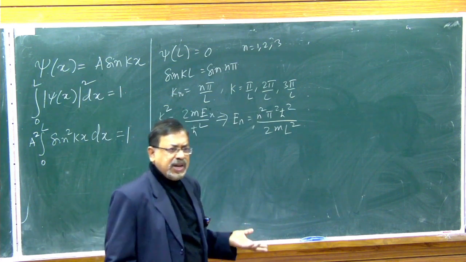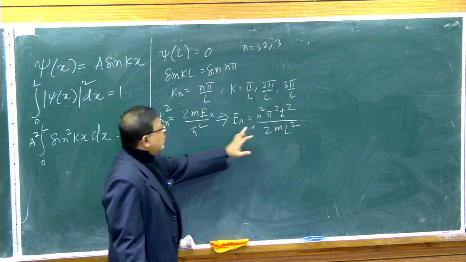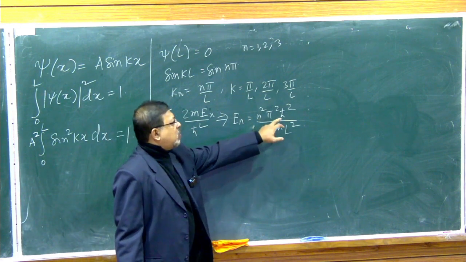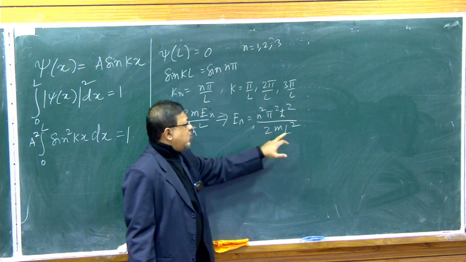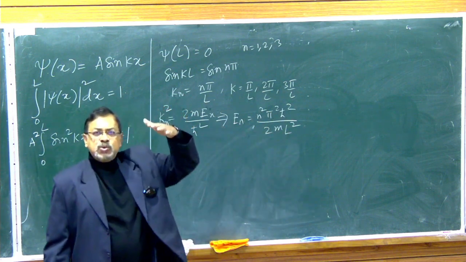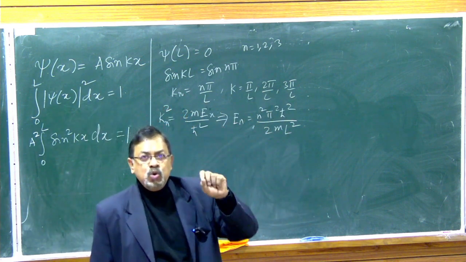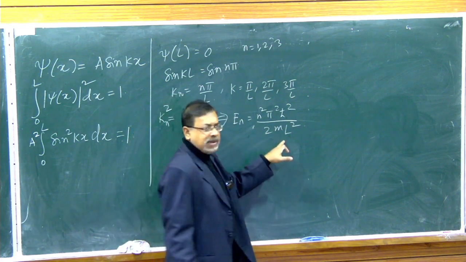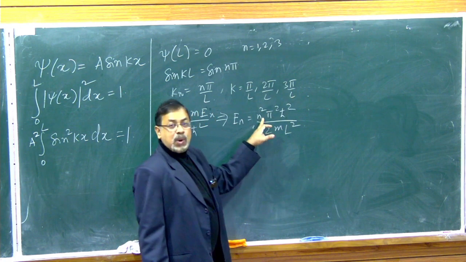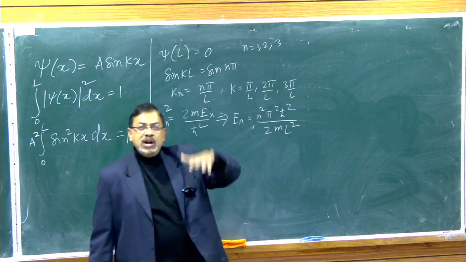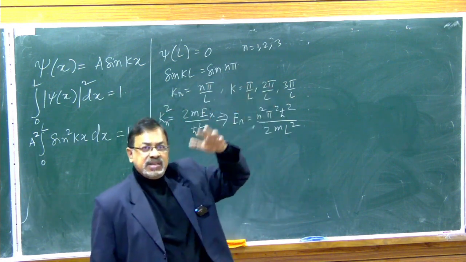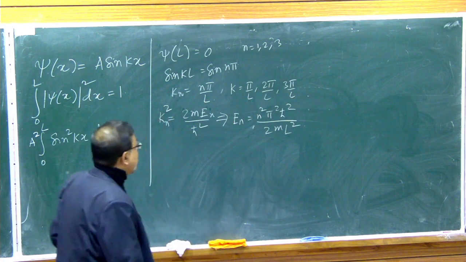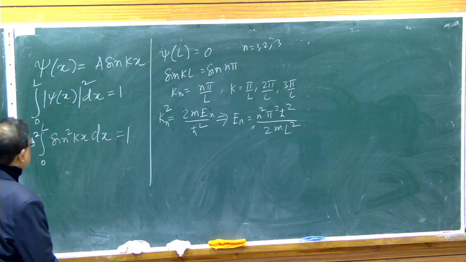So the lowest energy is pi squared h cross squared by 2 m L squared. The next one is not 2 but 4 pi squared h cross squared by 2 m L squared. Then the next one would be 9. So it's 1, 4, 9, etc., in units of pi squared h cross squared by 2 m L squared.